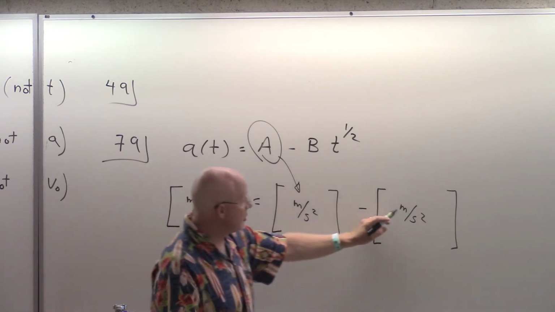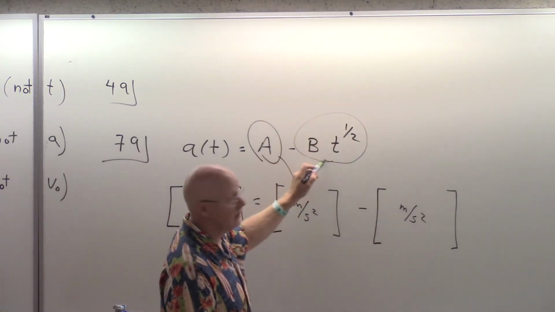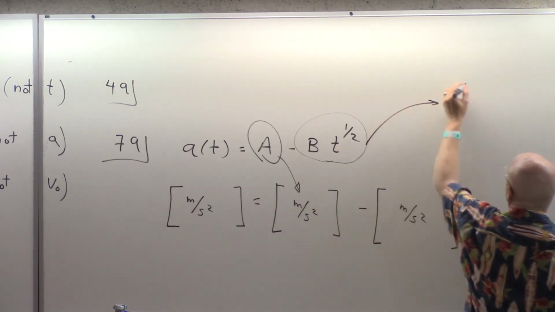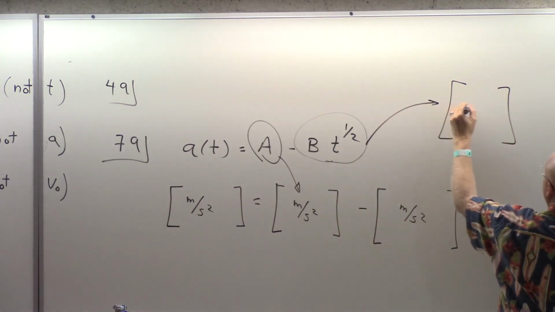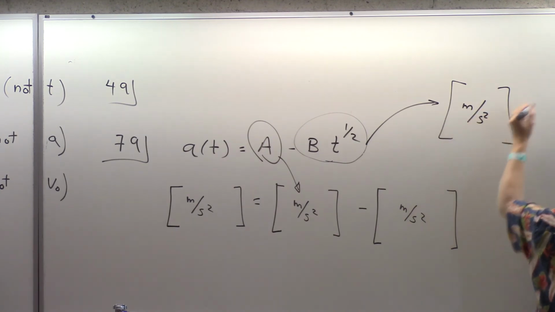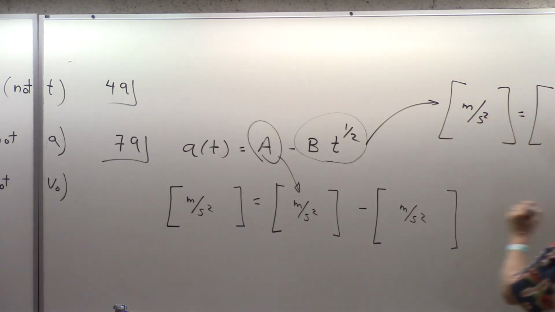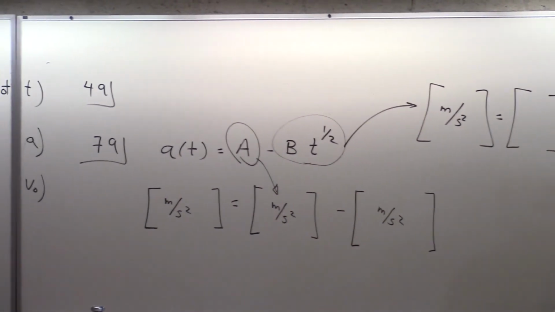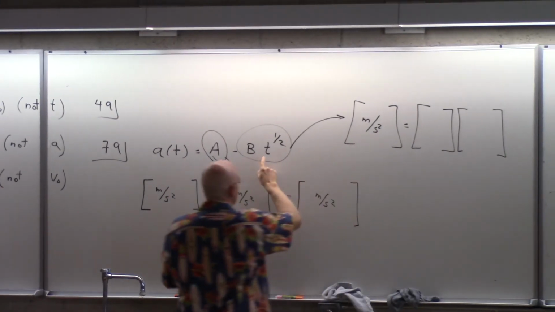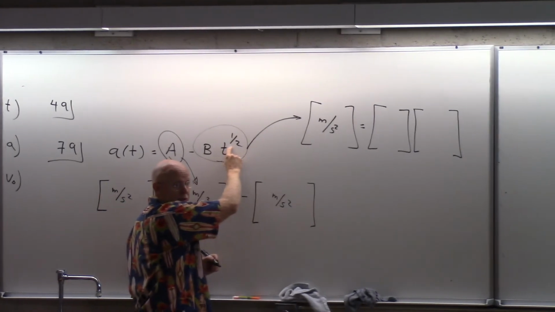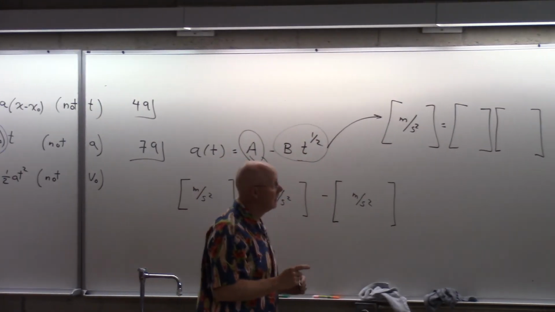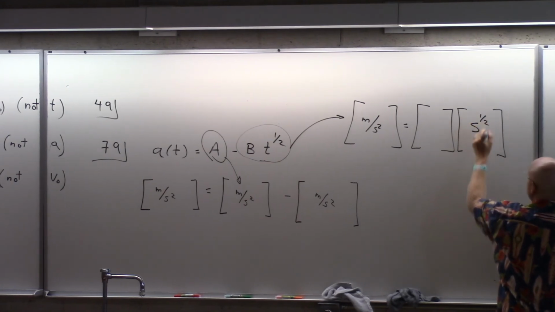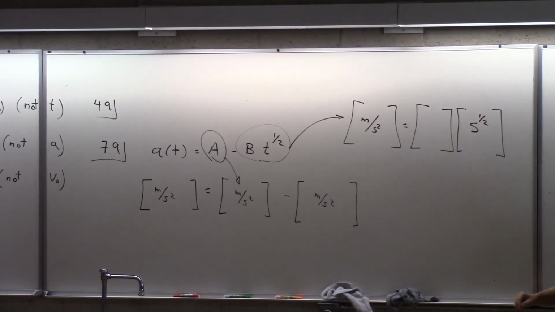Now remember, meters per second would be this whole thing. So let me just look at the units of the whole thing, knowing that it must be the units of B multiplied by the units of time to the 1/2 power. So this would be seconds to the 1/2 power.